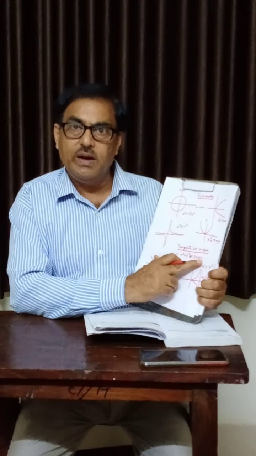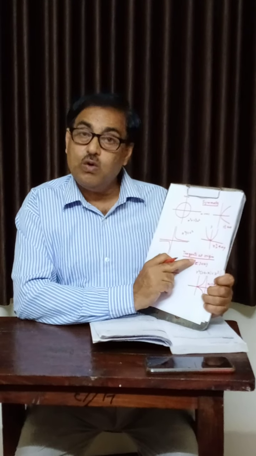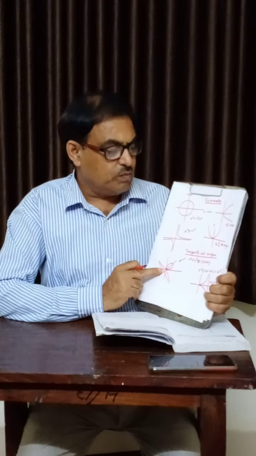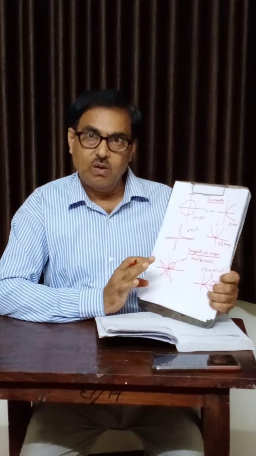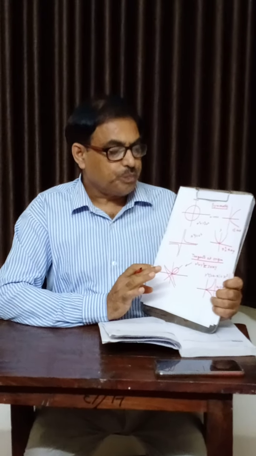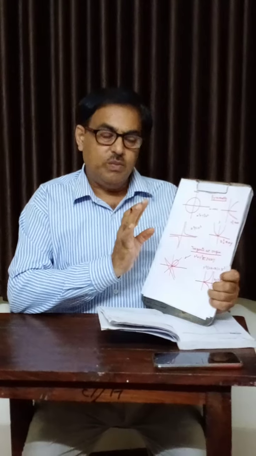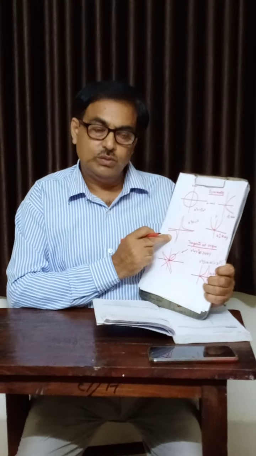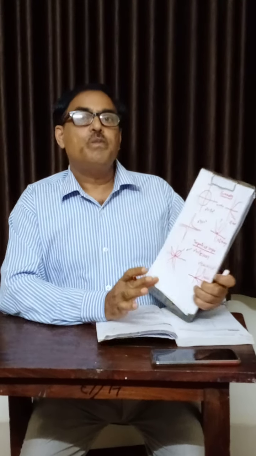Replace x by minus x and y by minus y. The equation does not alter, so this curve is symmetrical about the line y is equal to x. And the curve will also be symmetrical in the opposite quadrant. These are the main symmetries which I have explained.